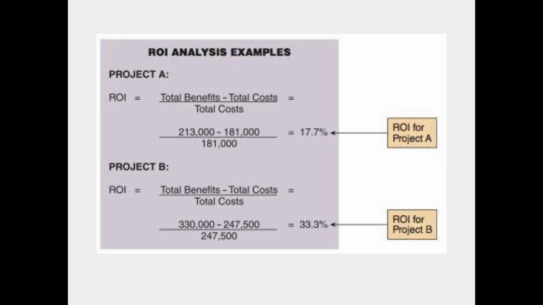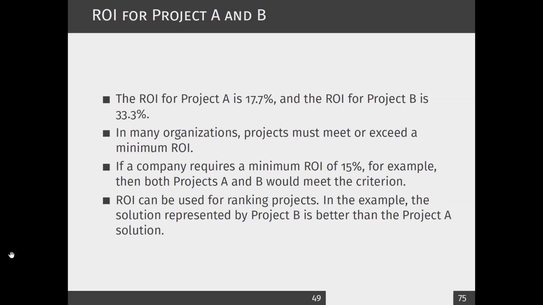But the actual comparison comes like this, right? So usually we specify a minimum ROI. So for A, it's 17.7. For B, it's 33.3. So let's say what we need is an ROI of 15%, that we specify as the minimum ROI we need.